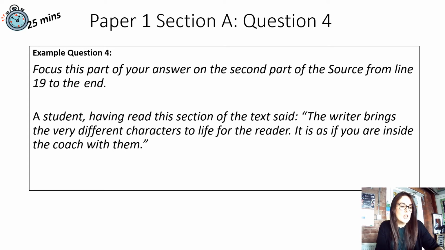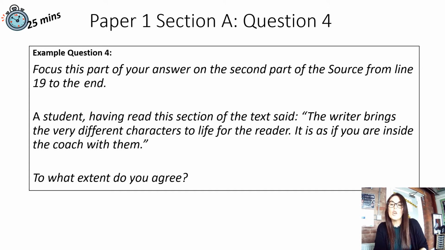All right, so we don't know whether this is a real statement or not, or whether it's been made up. The important thing is that you are going to be looking at whether you agree with this student. Does the writer indeed bring the characters to life? Does it feel like you're inside the coach with them? You will then decide whether you agree or not.